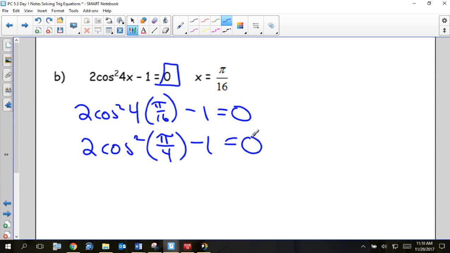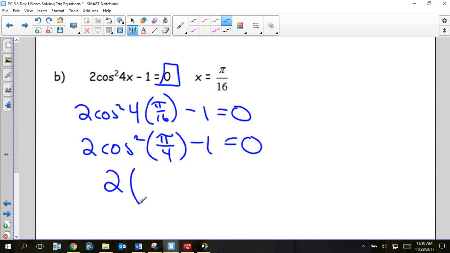What do you think I should do next? The next thing I have to do is cosine at pi over 4, because the angle's not squared, it's the cosine that is squared. So I have to find the cosine at pi over 4 next. After that, I'll square it.